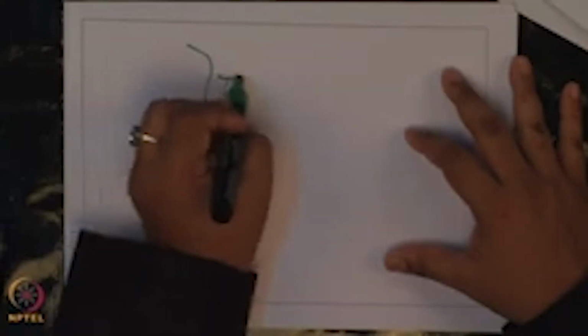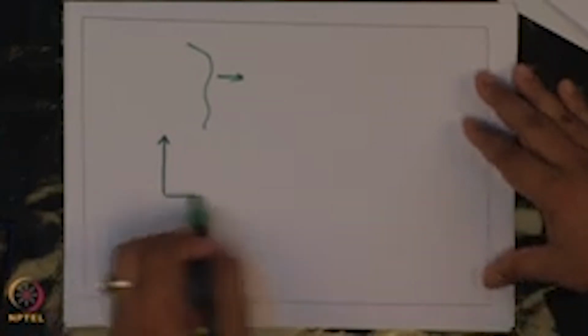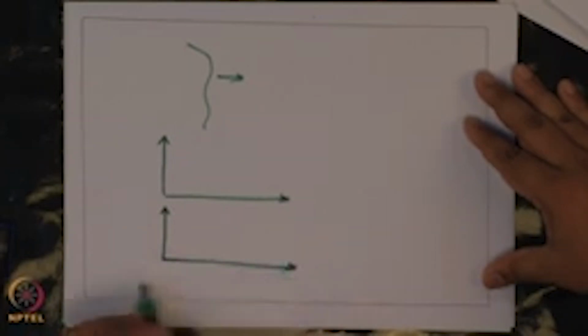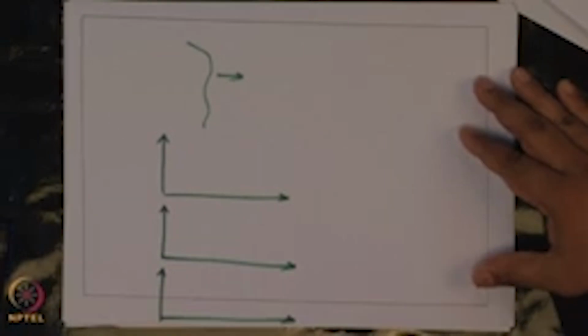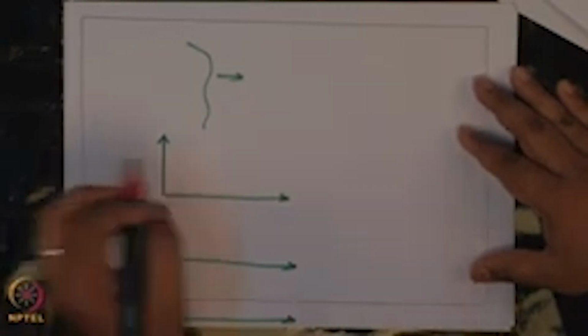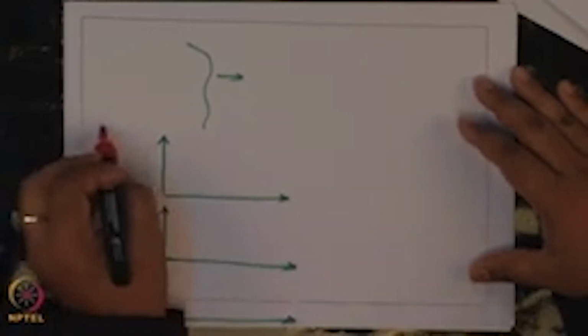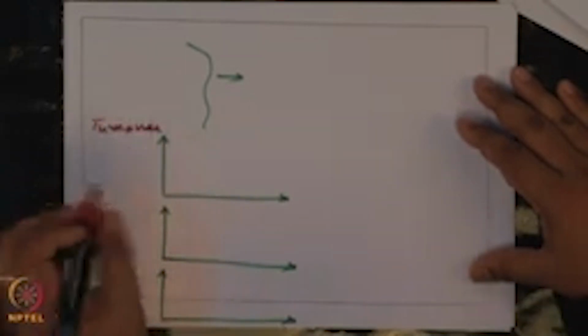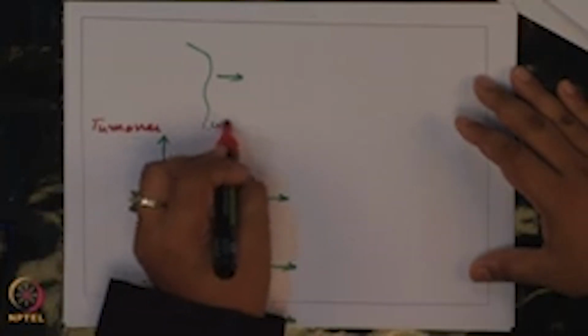When a cell is migrating in this direction, you will have three things. In this graph, let us say this is turnover, before perfusion or without drug.